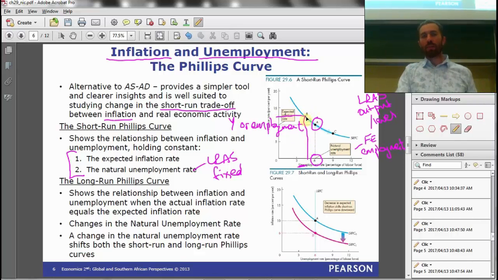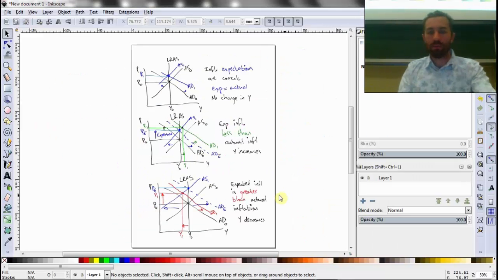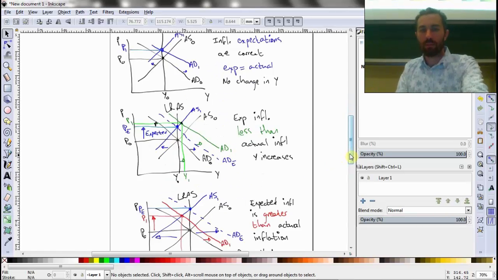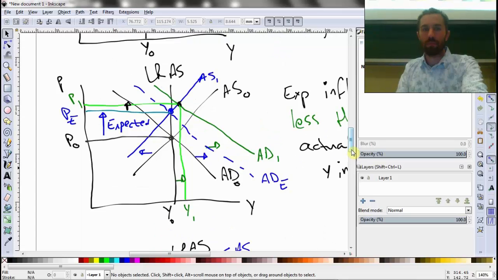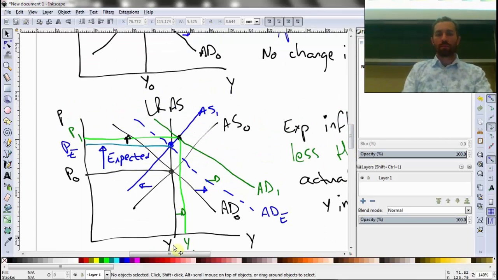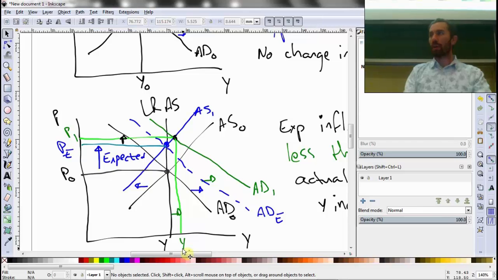We can end up at a position like point B, and if we look at point B, what do we have? We have a higher rate of inflation, but a lower rate of unemployment. Okay? How do we get this sort of relationship? Well, let's look at our aggregate demand, aggregate supply curves.